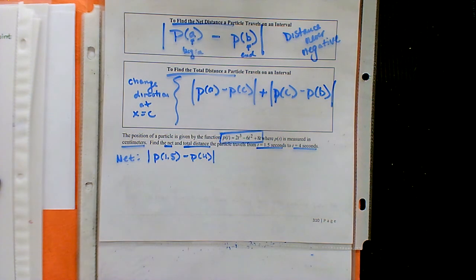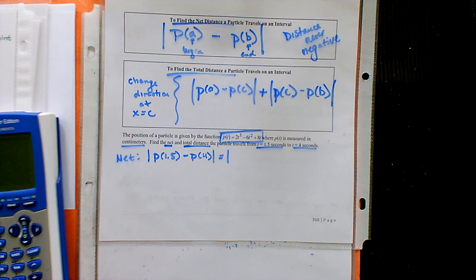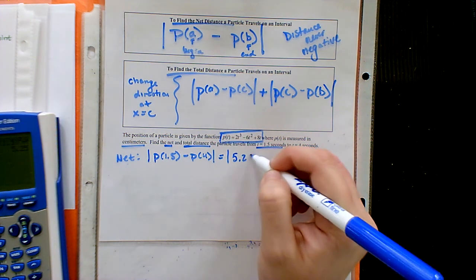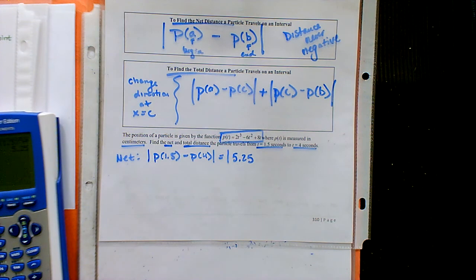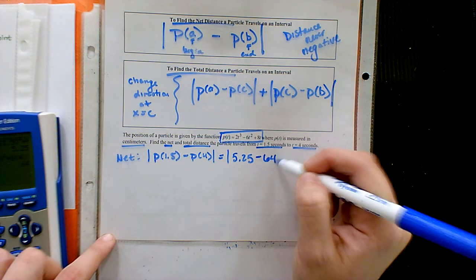So this is where you might need your calculator. So let's see. If we plug in 1.5, it's going to be 5.25, that's what I got. And then if I plug in 4, I got 64.